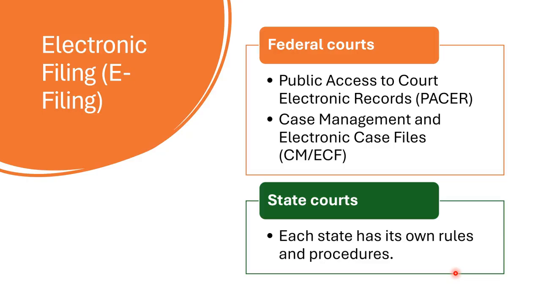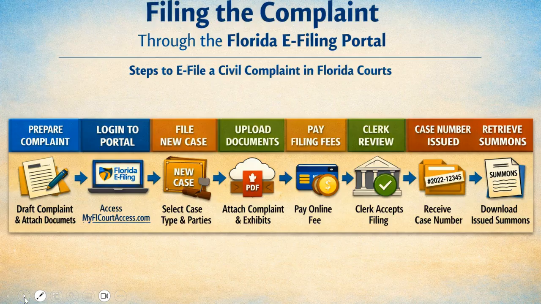All right, so state courts have their own rules and procedures for e-filing, and Florida's obviously are the ones I'm concerned with. So these are the steps. You're going to prepare the complaint, go to the portal, file the new case, upload documents in PDF, pay the filing fees, and the clerk is going to then review everything that you filed.